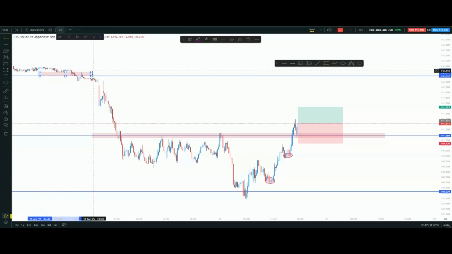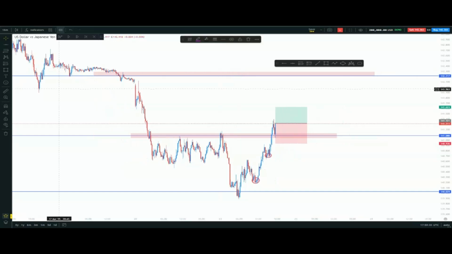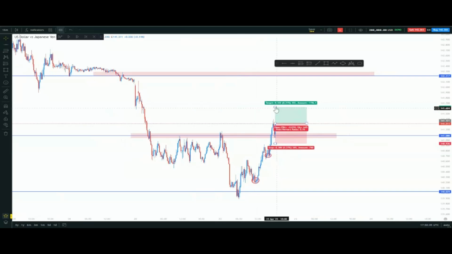So let me draw a bit of a zone right here. It was a swing high actually, but I marked it up with this rectangle, showing some sort of resistance that price could reject from. So I was okay with closing all my positions right there.